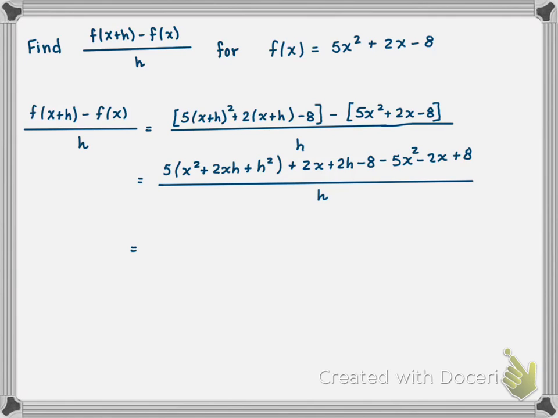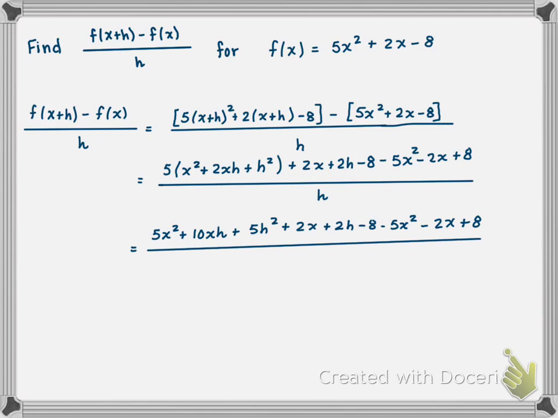And then we'll distribute that 5. So 5x squared plus 10xh plus 5h squared plus 2x plus 2h minus 8 minus 5x squared minus 2x plus 8. And just double check all those signs.